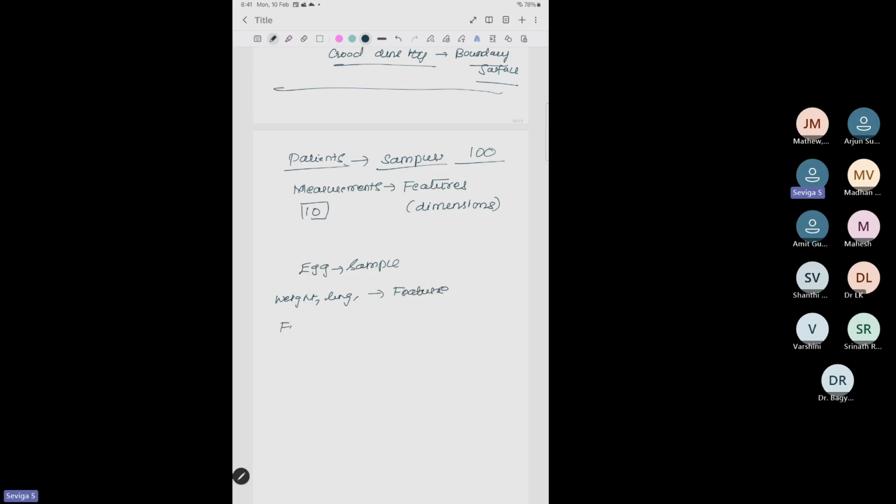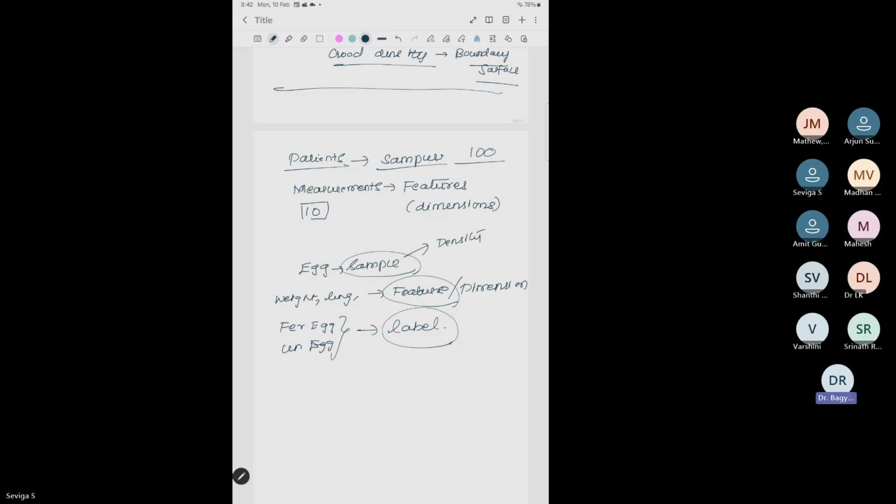And fertilized or unfertilized eggs is the label. So there are three terminologies: sample, feature, and label. When we deal with the curse of dimensionality, the feature is otherwise called a dimension. When I talk about density, it is about the number of samples.